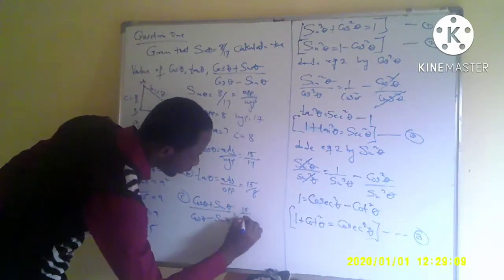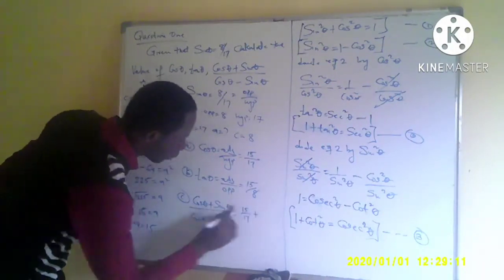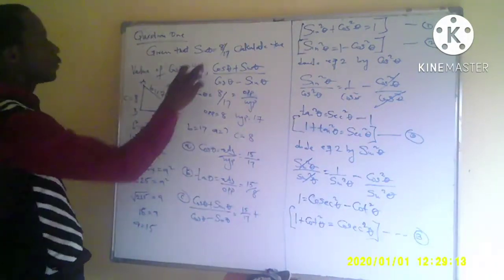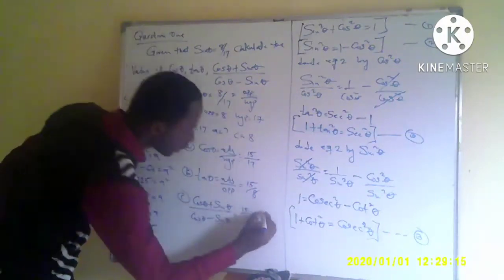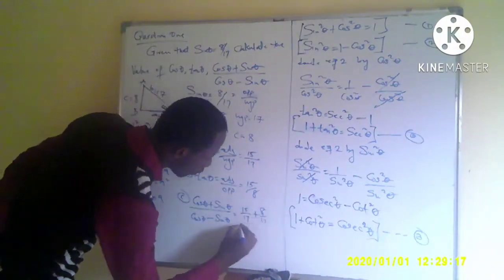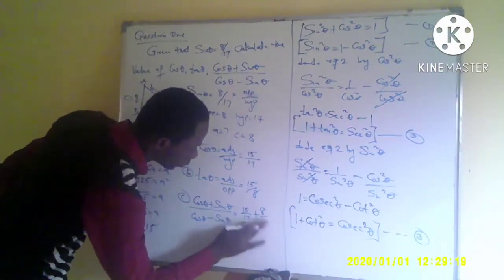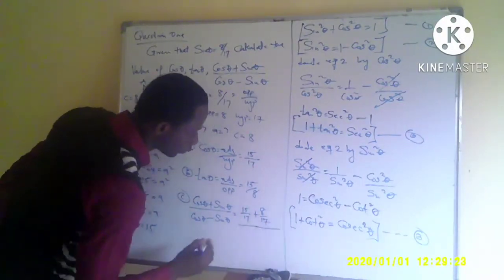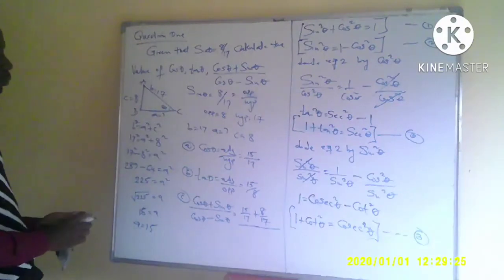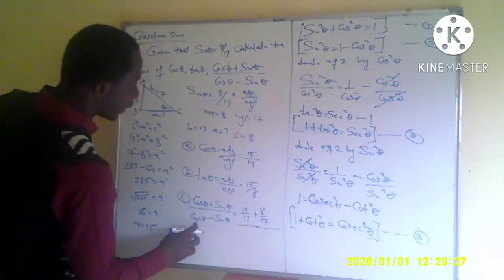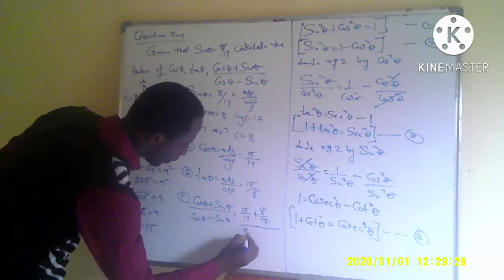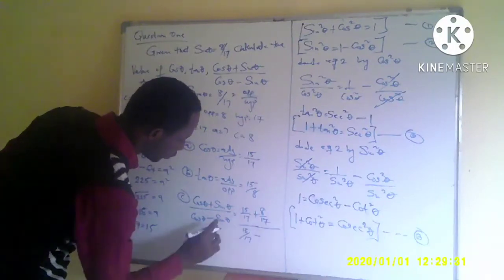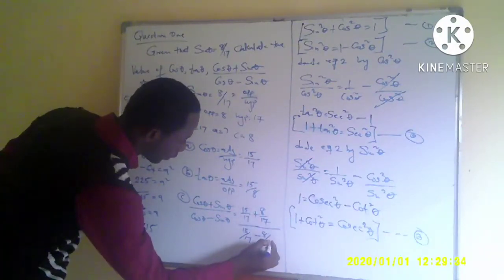So 15 over 17 plus what's sin theta? Sin theta is given to us from the question, 8 over 17, all over cos theta again, which is 15 over 17 minus 8 over 17.